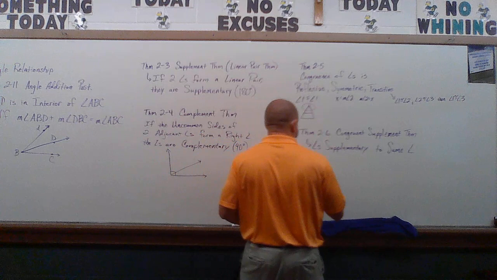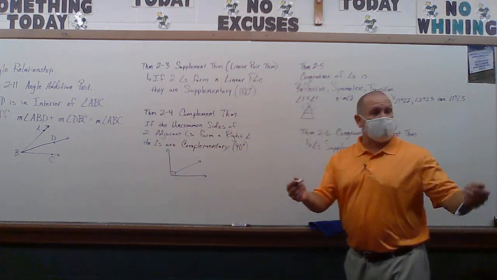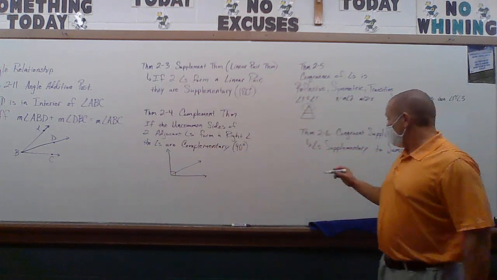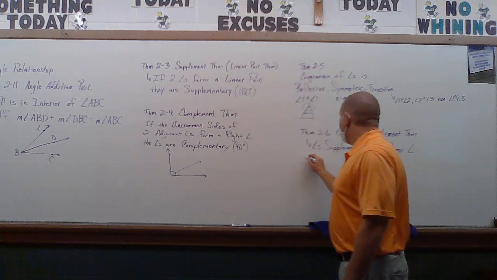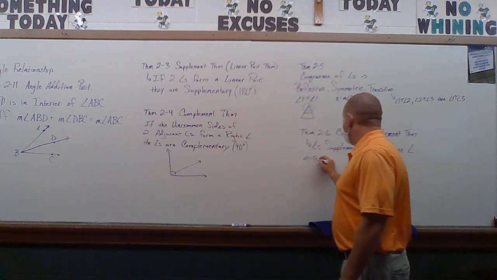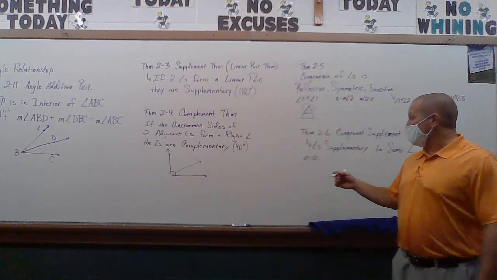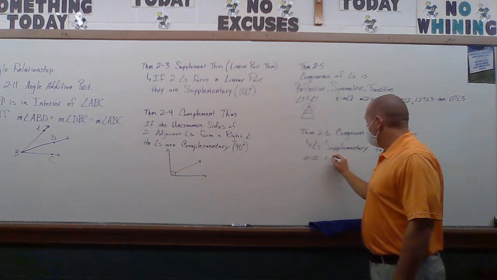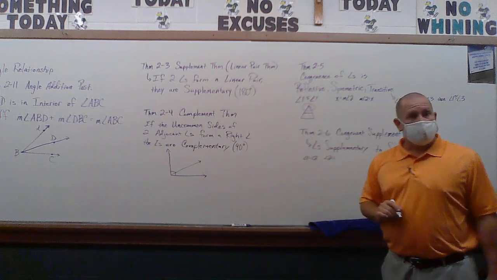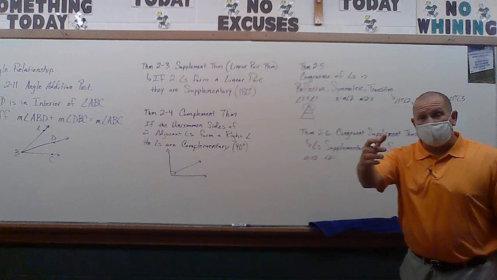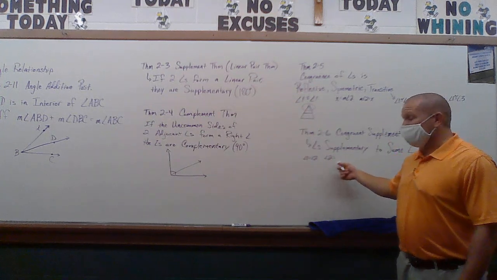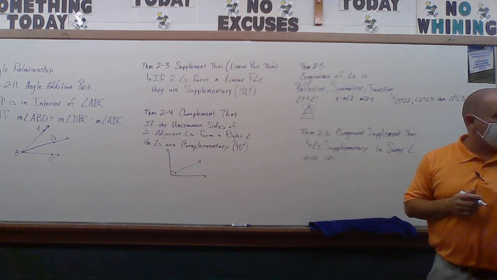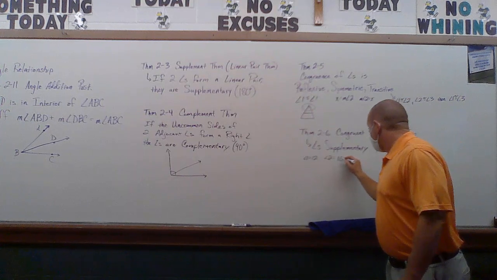So what this is saying is, if I had an angle, somebody give me a number. 12. So if I said angle 1 was equal to 12, its supplement would have to be what? What angle would make it to 180? 168, right?